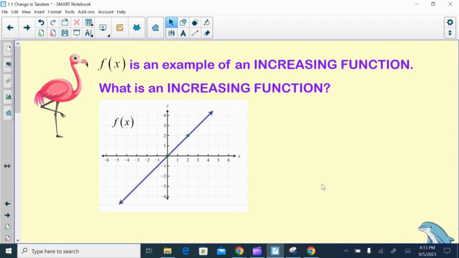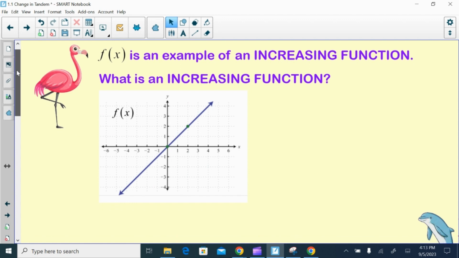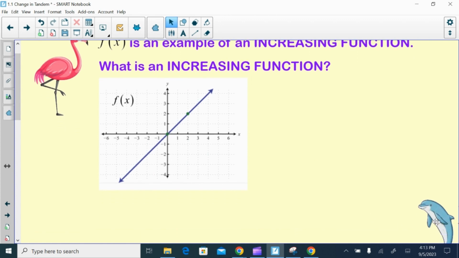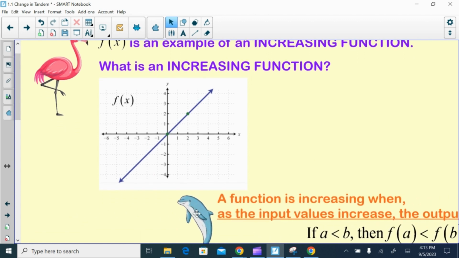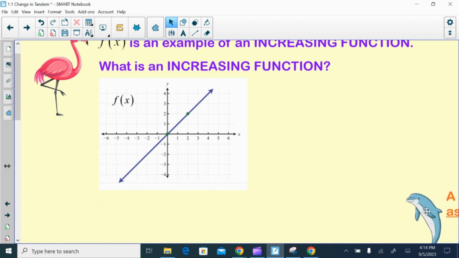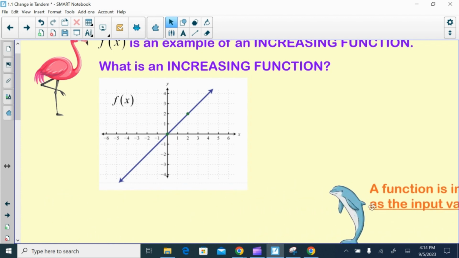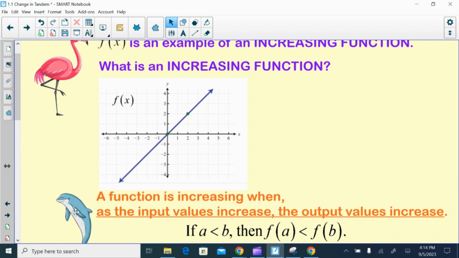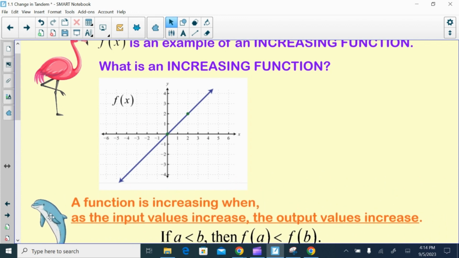And at this point, I'm hoping again that the students will talk about, colloquially, what they think is an increasing function, and see if I can get them all to come to a consensus here before I give them this definition. And notice how I like to pull things out. I feel like if I pull things out one at a time, they tend to take more notes.